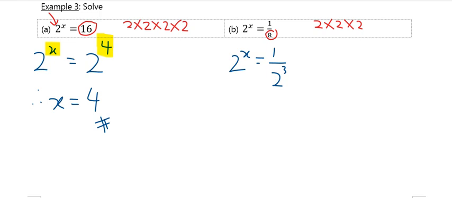So what you can do is use the rule where you change 2 power 3 in the denominator into a negative power. So this is actually 2 power negative 3. And there we have it. They are in the same form. So x is actually equal to negative 3.